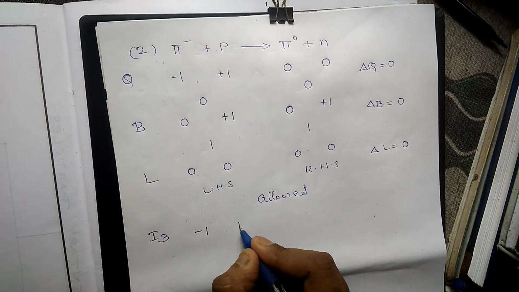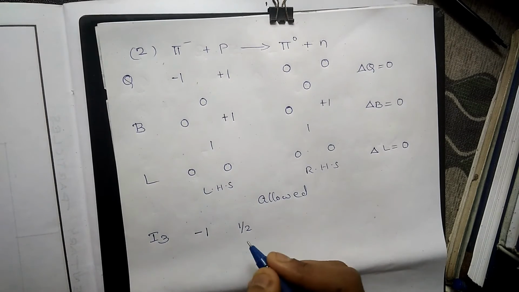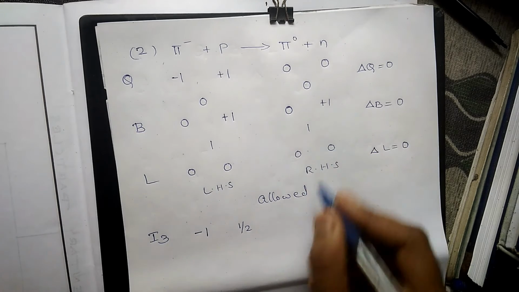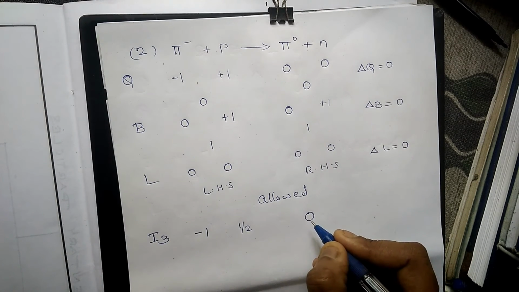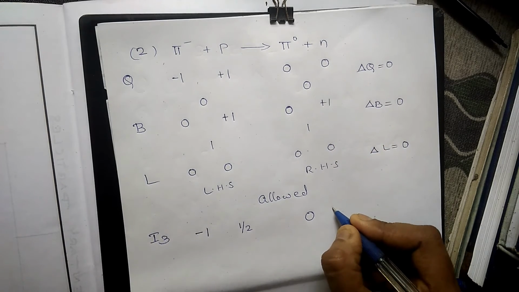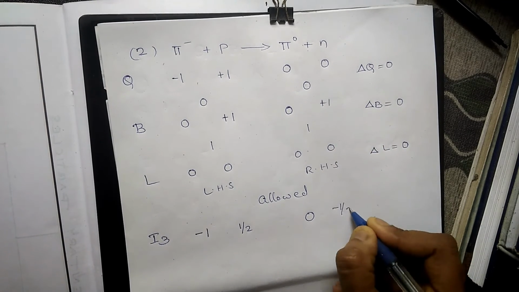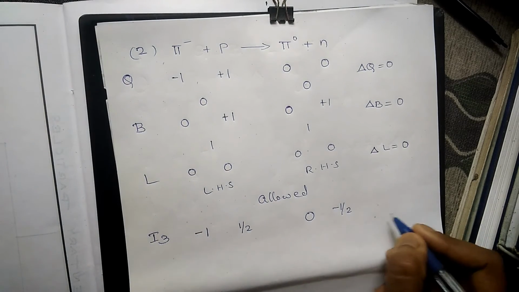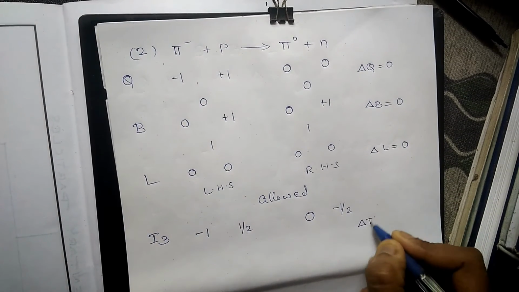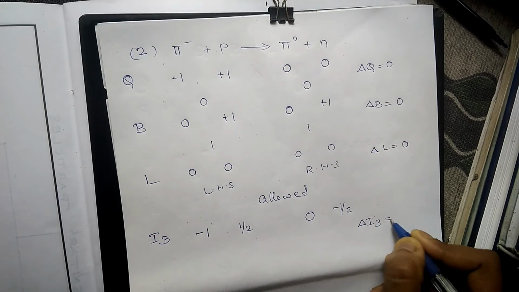For proton, it is half. Then for pi 0, I3 is 0. And for neutron, it is minus half. That means delta I3 is equal to 0.